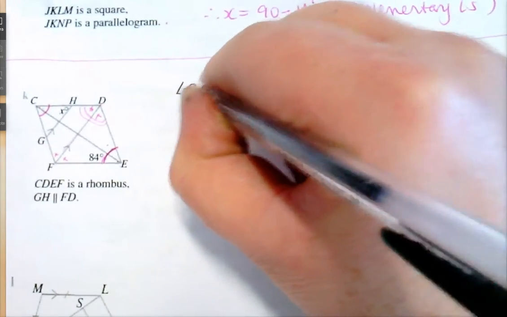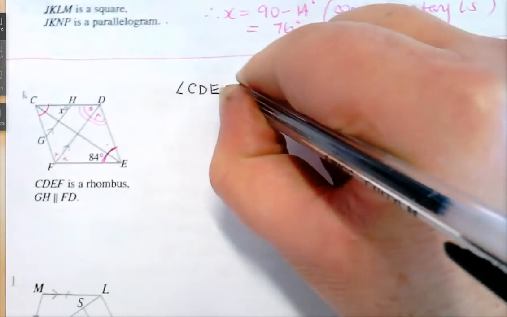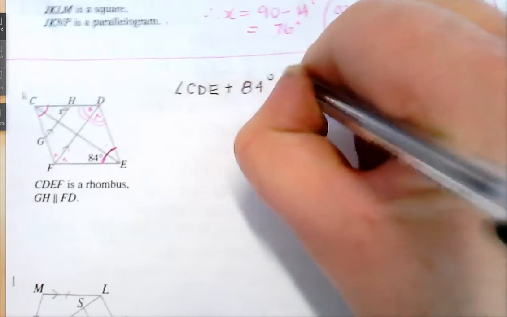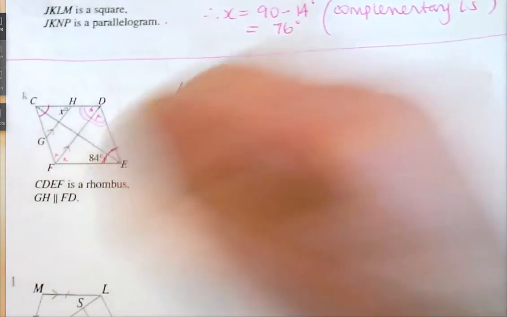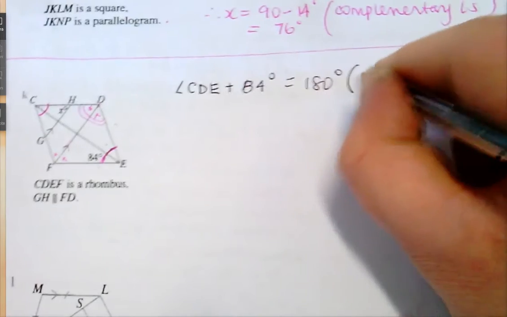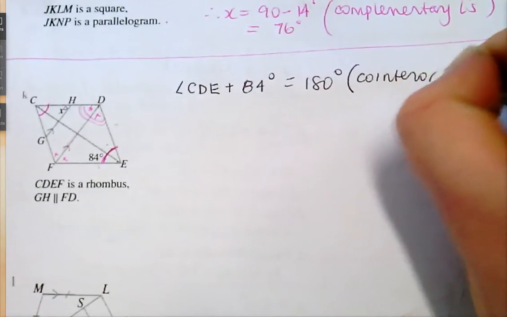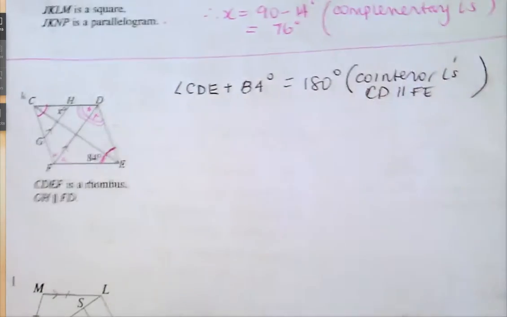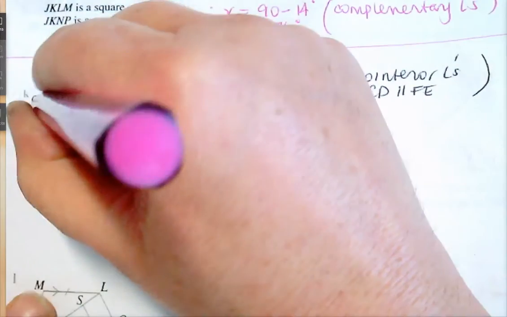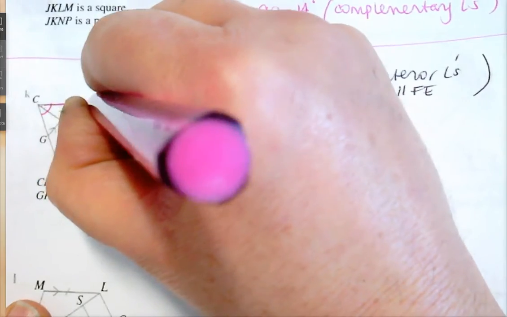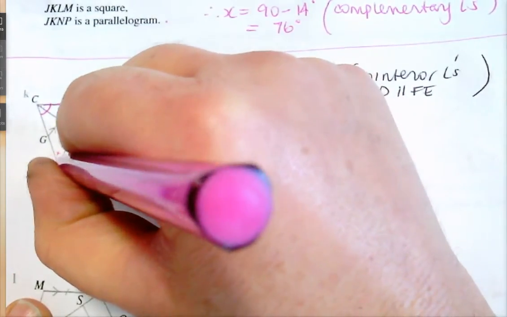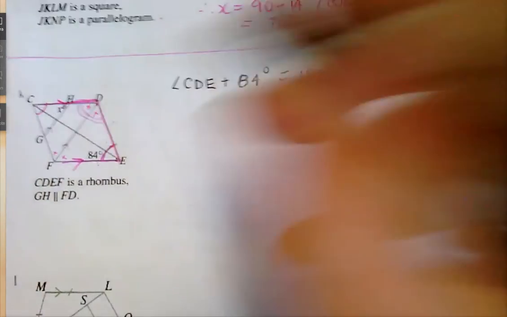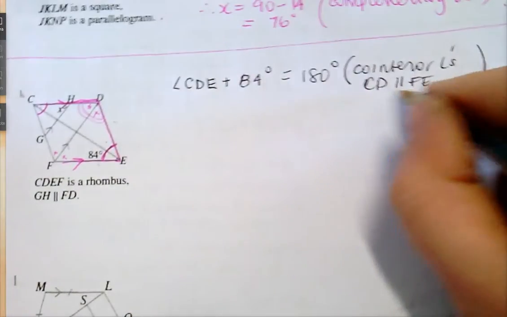So we can say that angle CDE plus 84 is 180. Reason, it's co-interior angles, and CD is parallel to FE. Now, if you're not sure which lines are parallel, co-interior angles are like those C angles, and I can do a backward C. And you can also say CD is parallel to FE.